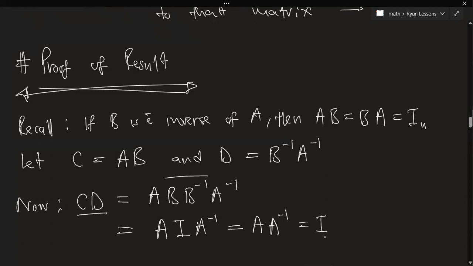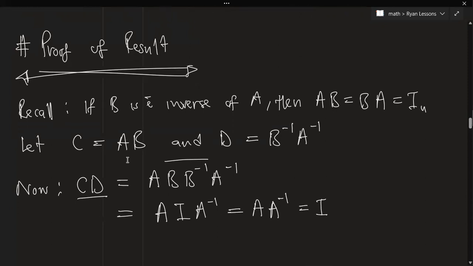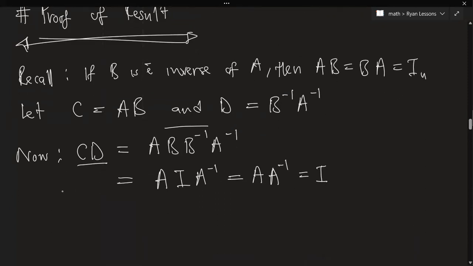So what does it mean? It's telling us that what we have here is actually the inverse of what we have on the other side. So therefore, you can now conclude and say, therefore, C and D are inverses of each other.